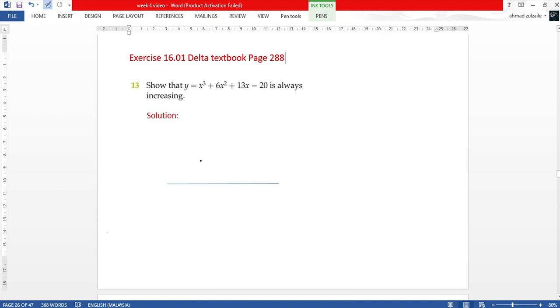Alright, number 13. The question is to show that y equal to x cubed plus 6x squared plus 13x minus 20 is always increasing. So always increasing means f prime x is greater than 0, or positive.